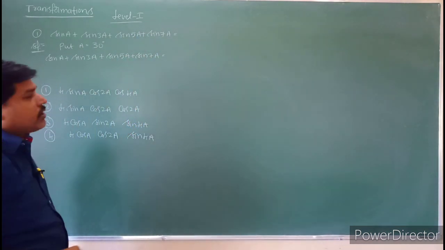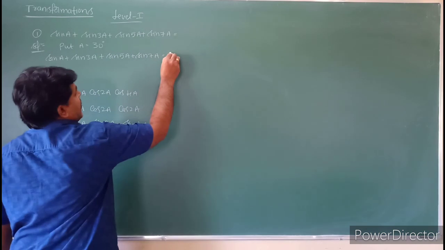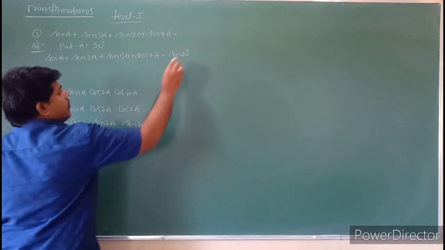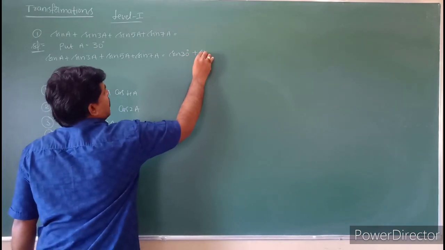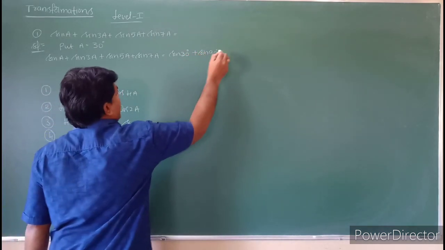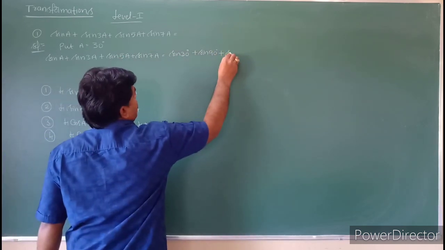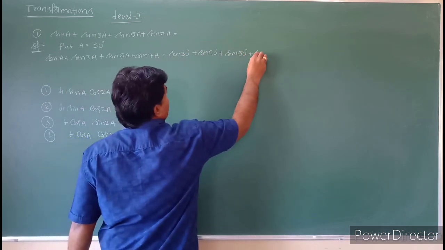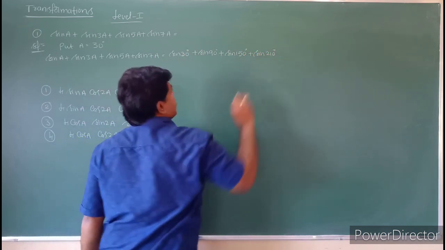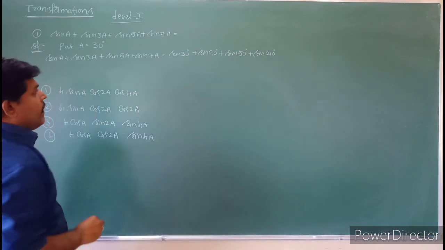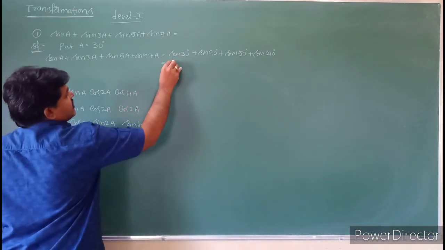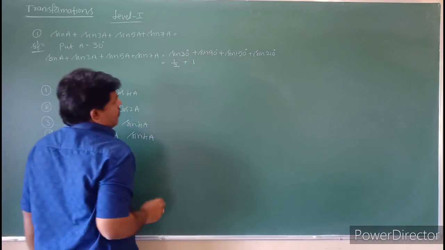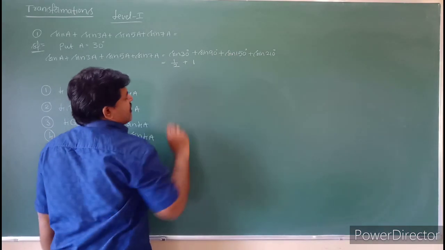If A is equal to 30 degrees, if you substitute those values here, it will become sin 30 degrees plus sin 90 degrees plus sin 150 degrees plus sin 210 degrees. So what is sin 30? Sin 30 is nothing but 1 by 2, plus sin 90 is 1, plus sin 150. What is the 150 value?